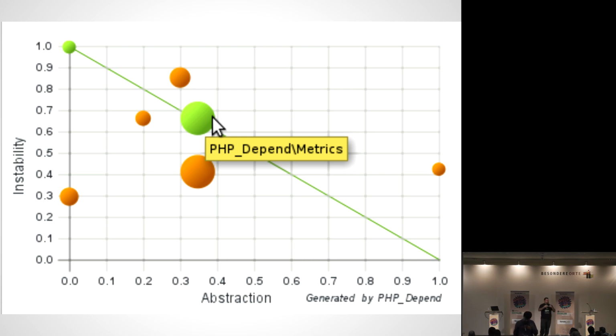So it's just a relation of how durable that package is to external changes. And the bottom one, abstraction, is the ratio of interfaces and abstract classes to concrete classes. So a purely abstract package, the 1.0 over here, would be 100% interfaces, and 0 would be 100% concrete classes.